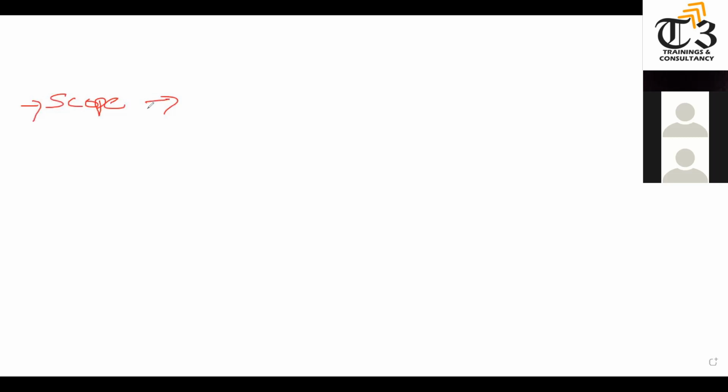What is project scope? The amount of work which fulfills the project requirement is called project scope. Product scope is the features and functions that characterize the product. So once scope is determined, all the functional managers are there, and you will prepare a detailed document called project scope of work.